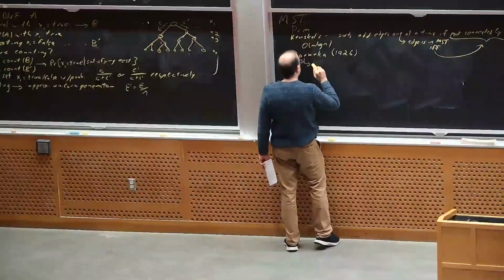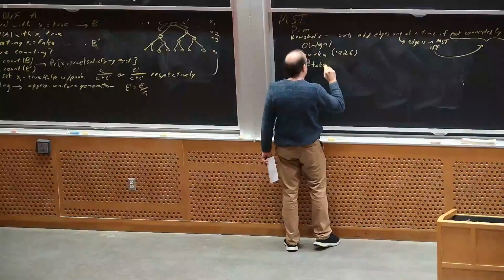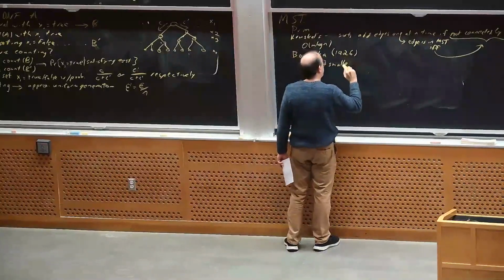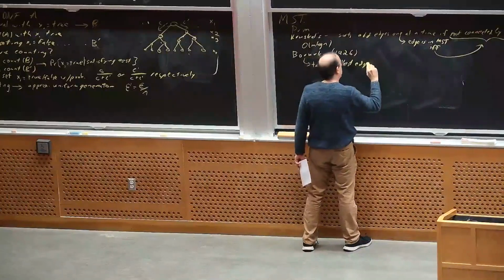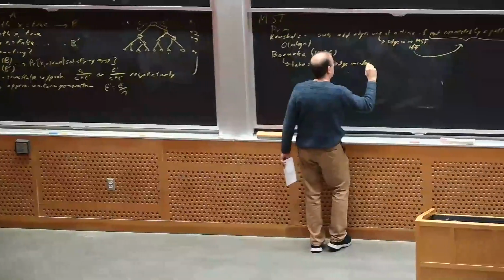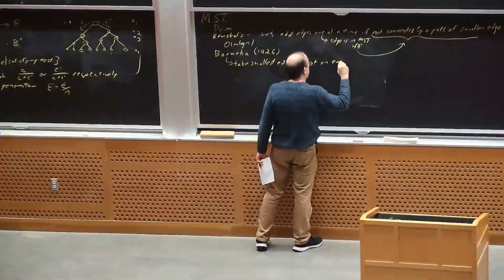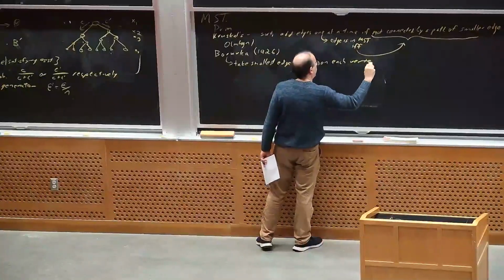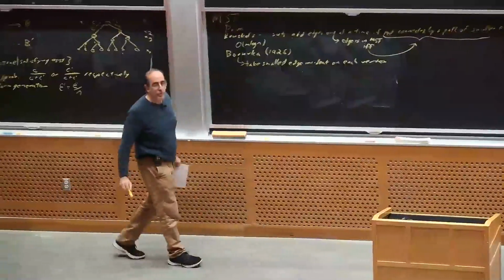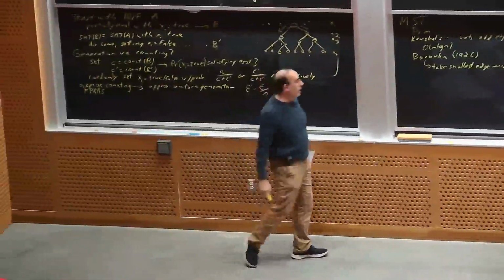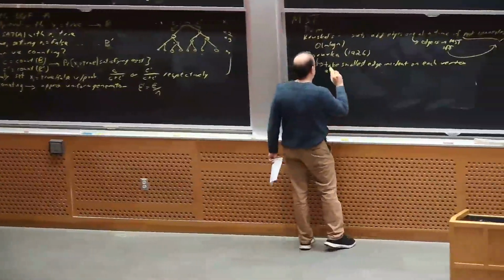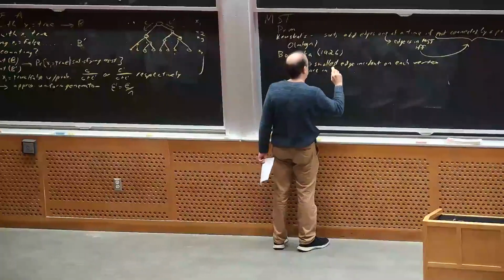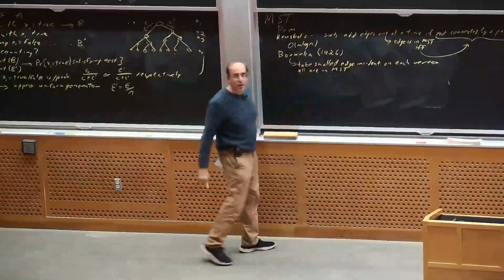What you do is take the smallest edge incident on each vertex. Okay. And I claim that all of these are in the minimum spanning tree.